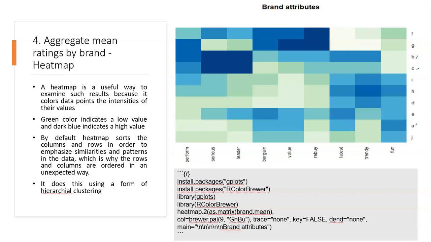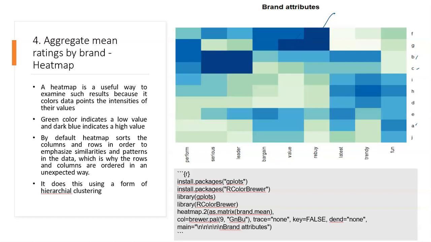But we need to understand how we can read this heat map. You can see that F and G are very high. This is dark blue color, that is rebuy and value. They are seen as brands which are high on rebuy and value. They are seen as valuable brands. Whereas B and C, these two brands rate high on seriousness and leadership.